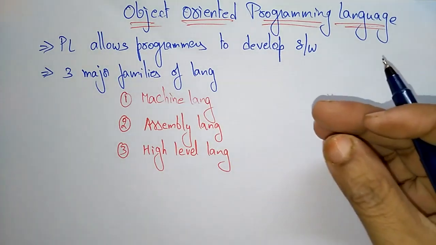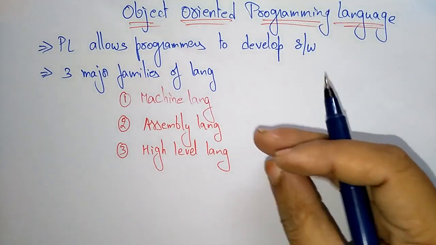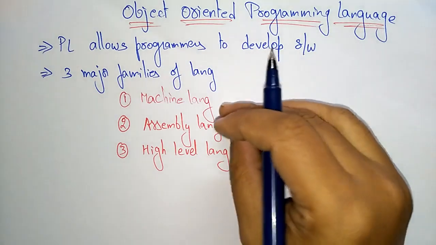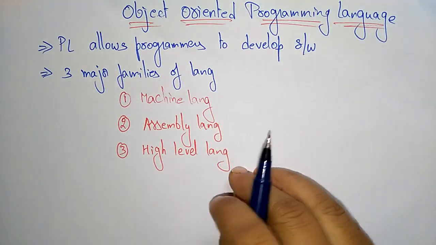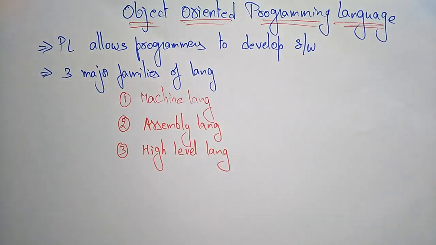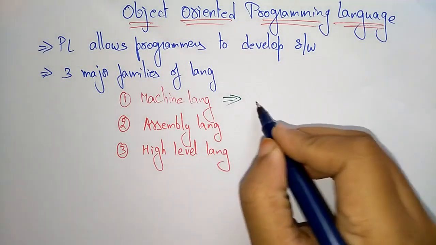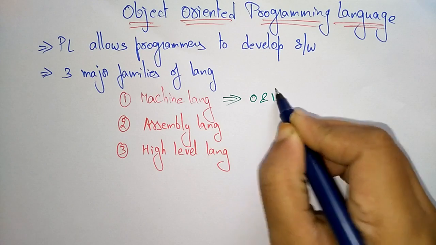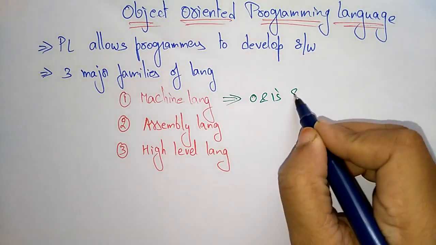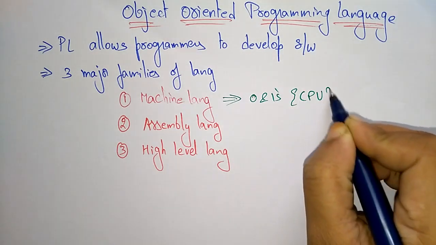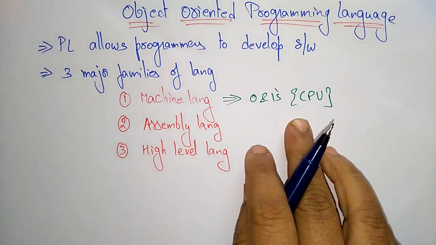Whatever the programming language, it will be of different types: machine language, assembly language or high level language. Machine language means all the language is in the form of zeros and ones. Only the CPU can understand this language. The processor, CPU is nothing but the processor.